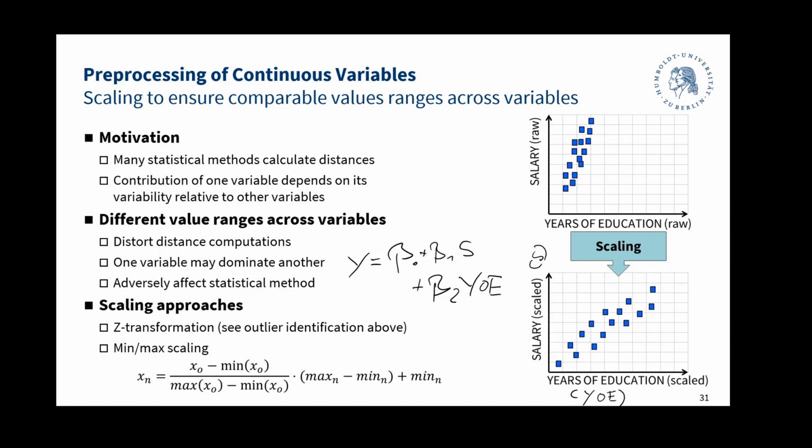So it is possible that not scaling your data will adversely affect your statistical model, not with regression type techniques, but with other techniques, nearest neighbor type techniques, for example. So it's good practice to scale your data, which obviously applies to numeric variables.